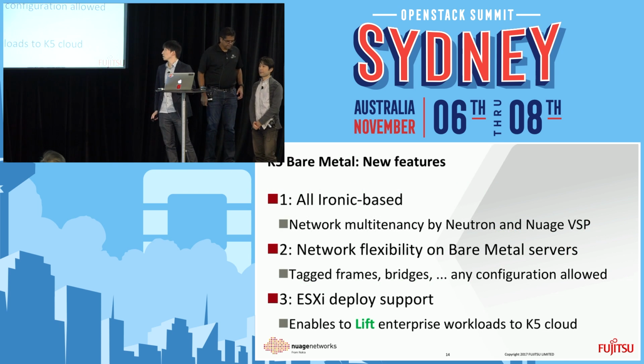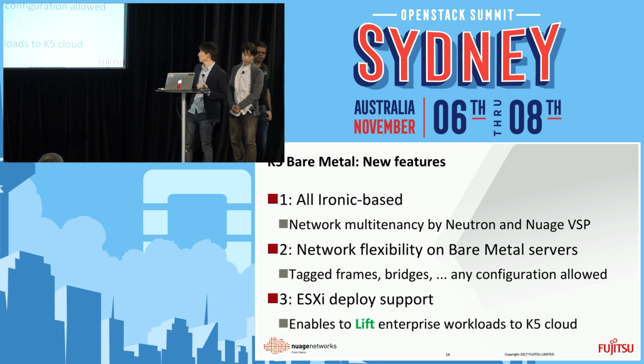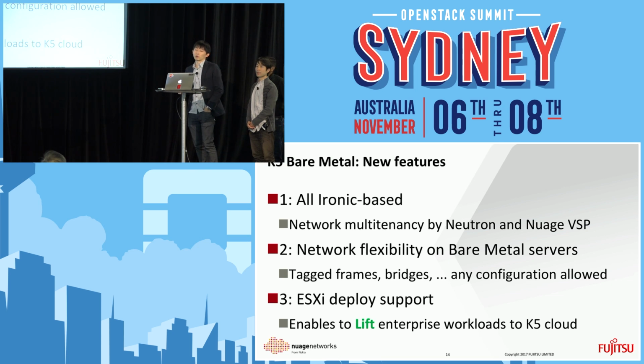Thank you. So let me introduce an outline of our new Baremetal service, which is now planning and under development. And these are 3 key points. First, our Ironic-based Neutron Nuage VSP provides multi-tenant networks for Baremetal servers. So Baremetal servers and VMs can connect each other via tenant networks. And second, network flexibility on Baremetal servers.